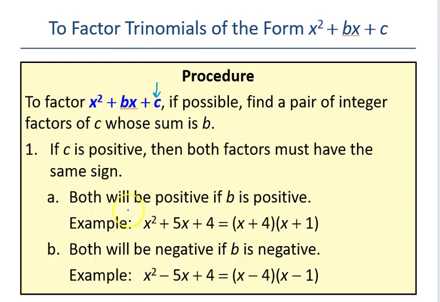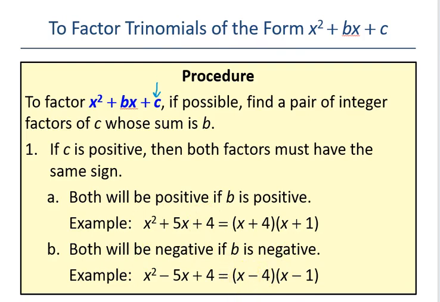Both will be positive if b is positive. For example, x squared plus 5x plus 4 equals x plus 4 times x plus 1. Both will be negative if b is negative. We just saw this as an example.